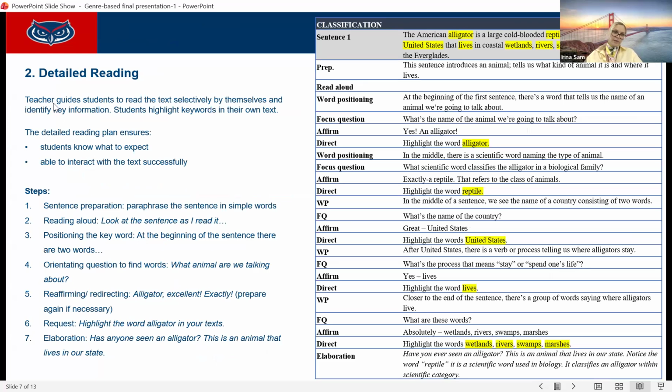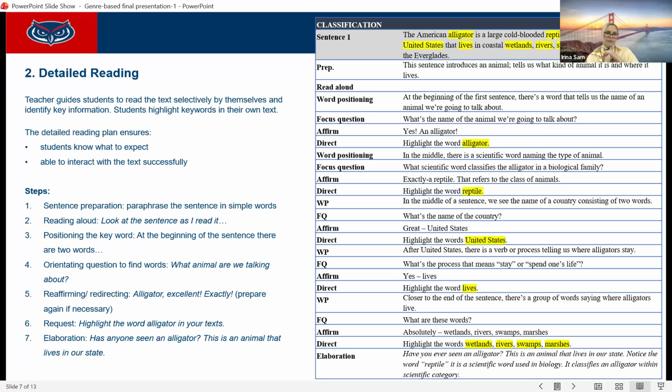Detailed reading stage. In this stage, the teacher guides students to interact closely with the text. Students focus on one sentence at a time, identifying keywords and learning how meaning is built. The teacher supports them by asking guiding questions, helping them locate important words, and reinforcing their answers.